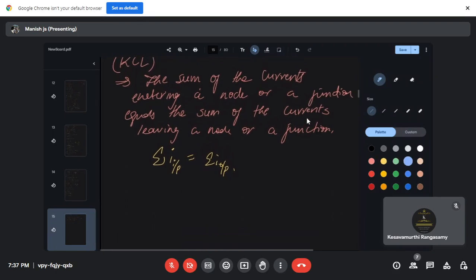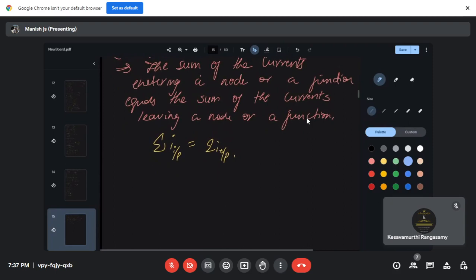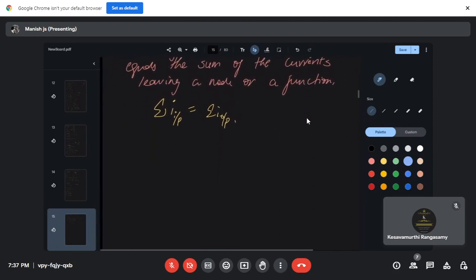For example, if we try to represent this using a simple diagram, I'll just draw it and show it to you. We have a resistor, say R1, with current I1 here, and another resistor, say R2, carrying current I2. You have another resistor, say R3, carrying current I3.